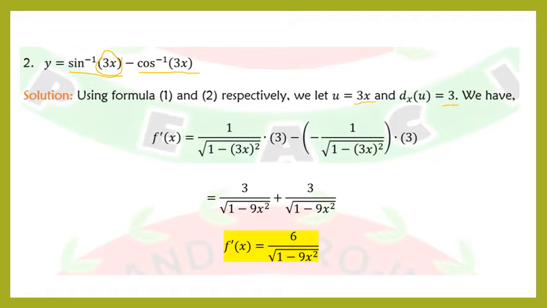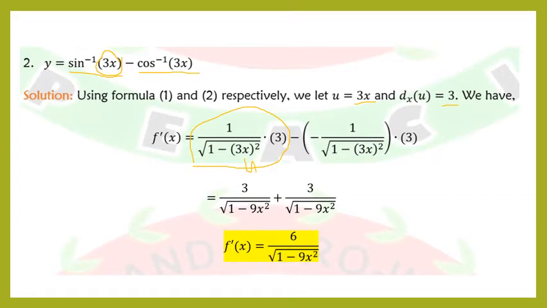Okay, so we have, using the formula 1, ang formula 1 is 1 over the square root of 1 minus u squared, and then yung formula 2 naman is negative 1 over the square root of 1 minus u squared. So, ito yung sa first term. Okay? So, etong 3x na yan is yan yung u natin sa formula.